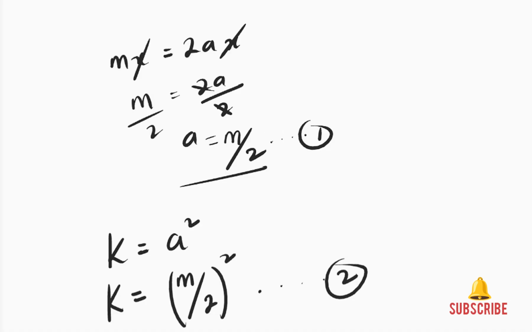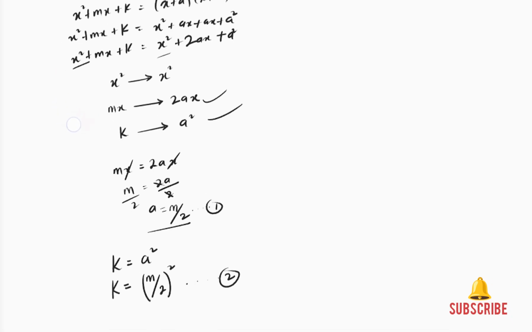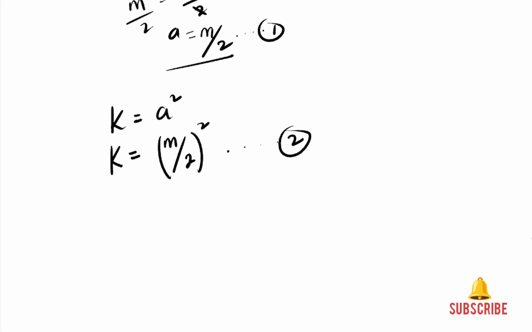Now what can we say about this whole thing, starting from here? Now we can say that k is m over 2 all squared.